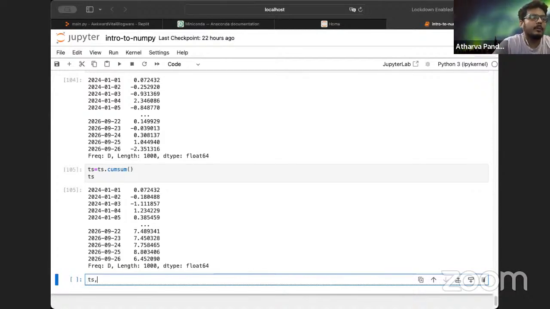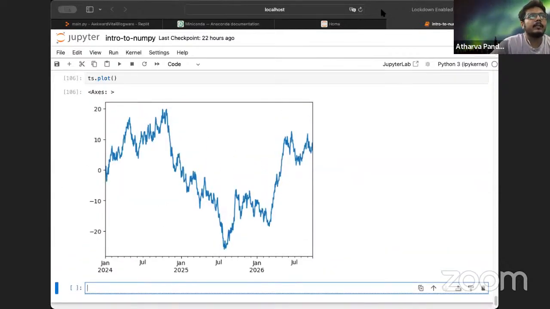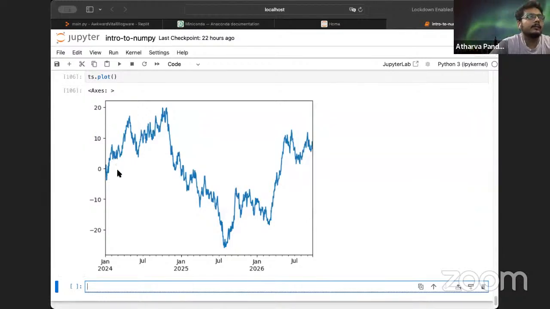And then if we want, we can actually plot it directly. Here we are using the PyPlot interface, and by using it we are able to get a nice graph. It shows a range of dates from X to Y, and this is the sort of data that we are getting.